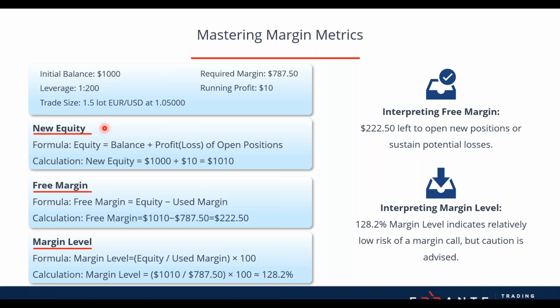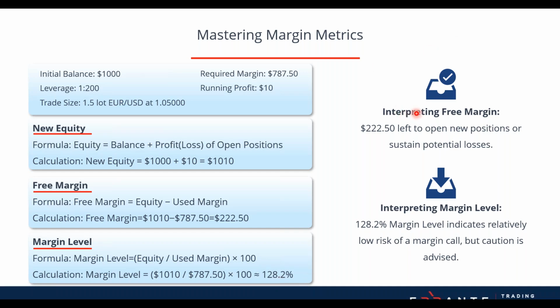Your new equity would be, as you see here, $1,010. And your free margin based on this formula will be $222.5. Also, at this point, your margin level will be approximately 128.2%, indicating a relatively low risk of a margin call. However, caution is still advised.